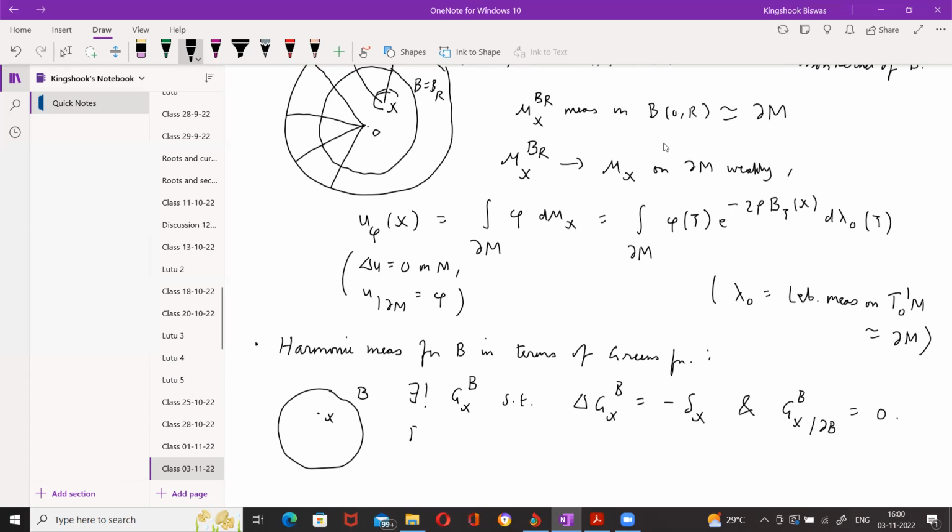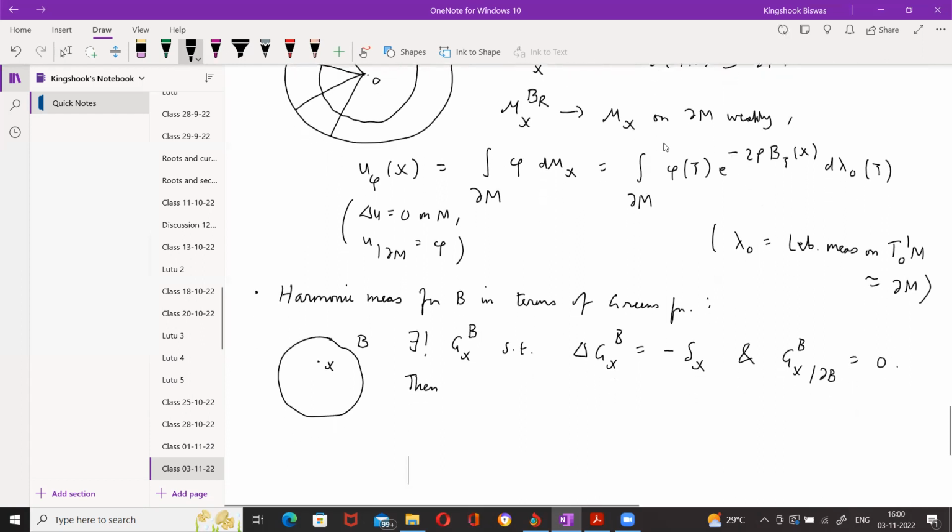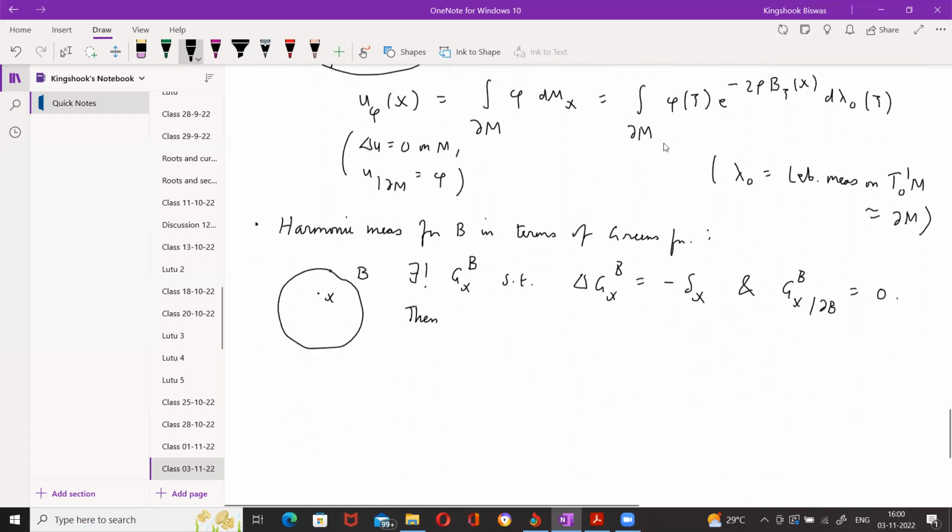Then by applying Green's formula, okay, we've used Green's formula to prove the mean value theorem for harmonic functions on harmonic manifolds, and to prove a Green representation formula.